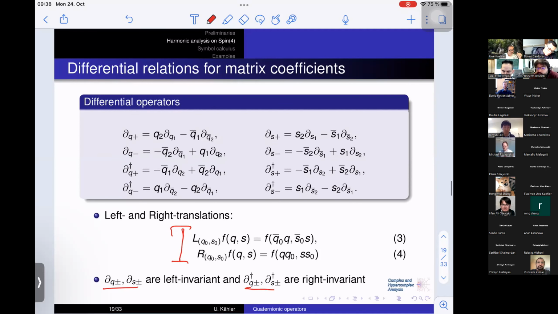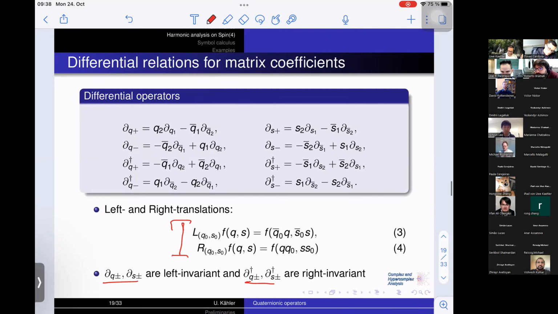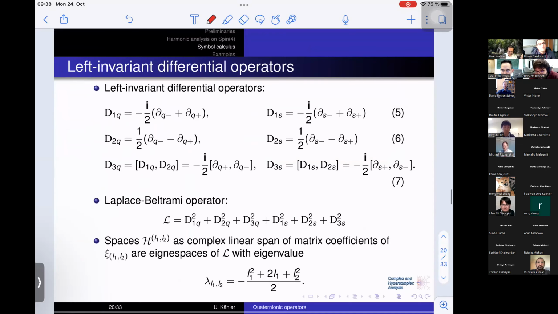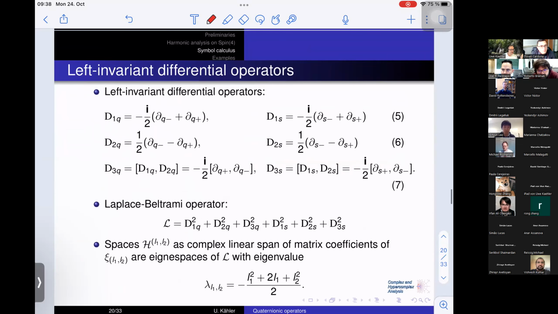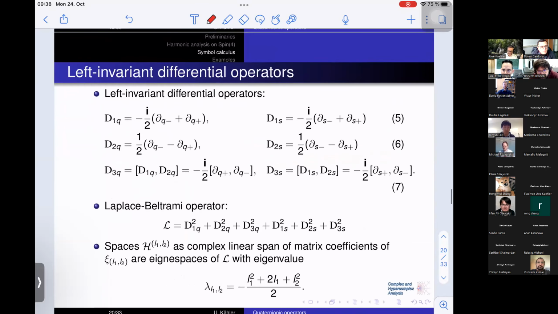And when we have them, then of course, we can now look more closely. Instead of these ones, we can use the combinations of them, which is easier. That's these large D operators as left invariant operators. In particular, we take the first two, and then we take the commutator for them. And the Laplace-Beltrami operator for spin 4 would be the summing up of all of them.